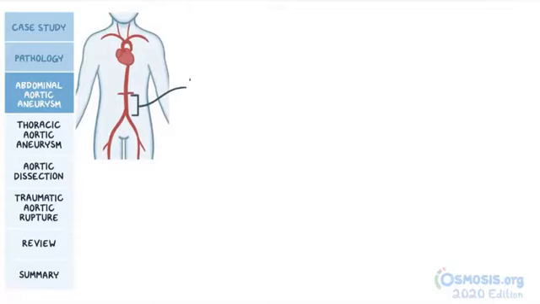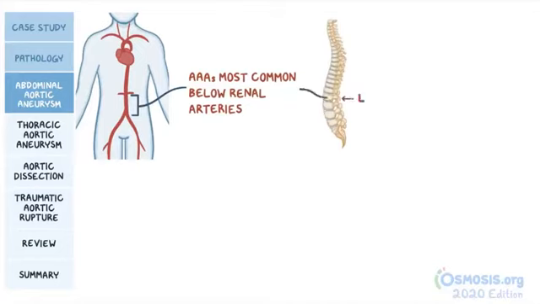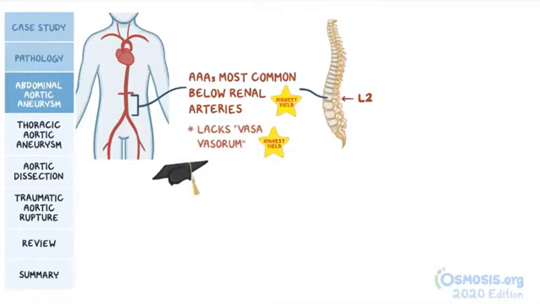Abdominal aortic aneurysms, or AAAs, are most common below the origin of the renal arteries, which corresponds to the L2 vertebral level. This is because below this level, the abdominal aorta lacks vasa vasorum, which sounds like a graduation title, but are in fact small blood vessels in the adventitial layer that provide nutrients to the aorta itself.